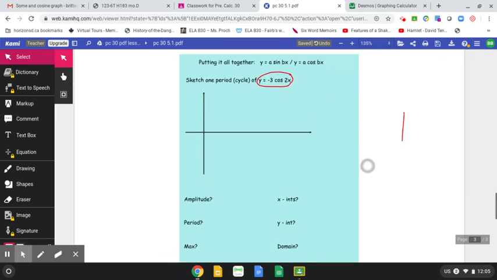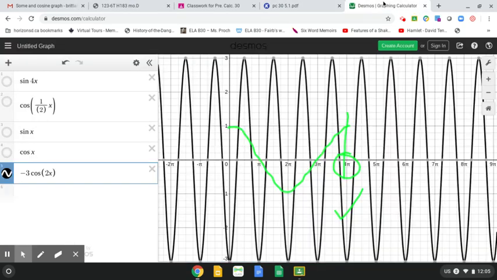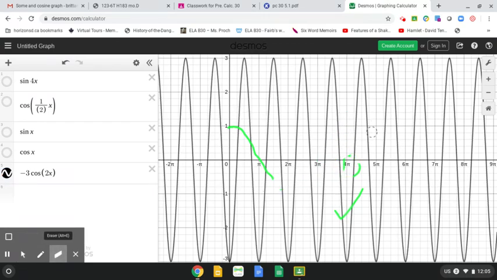It did not, so you can pick if you would like to do degrees or radians. It didn't say, so whatever you would like. I have Desmos in radians right now, so let's just use that. Looking at this, we need to figure out all of our information.